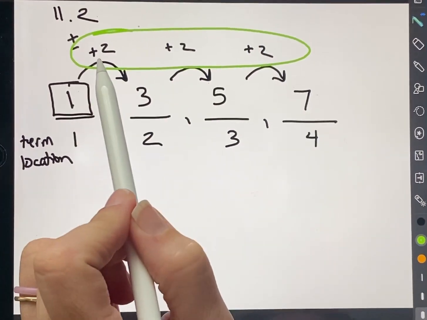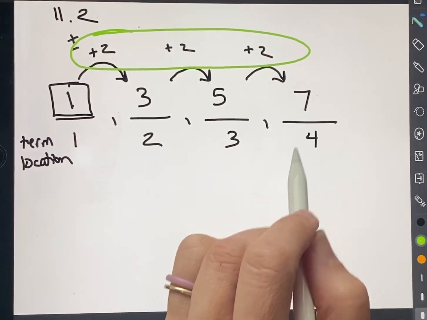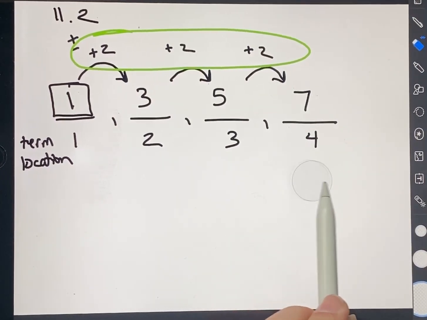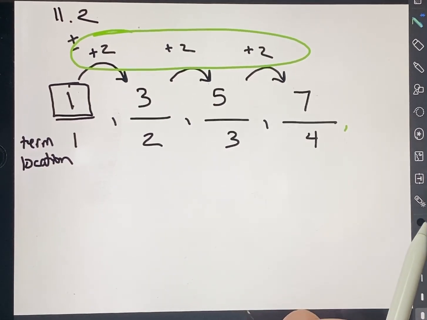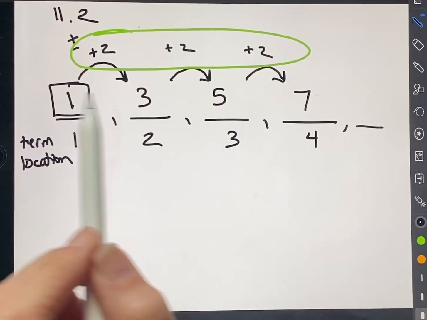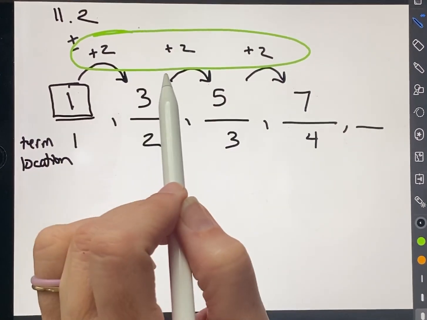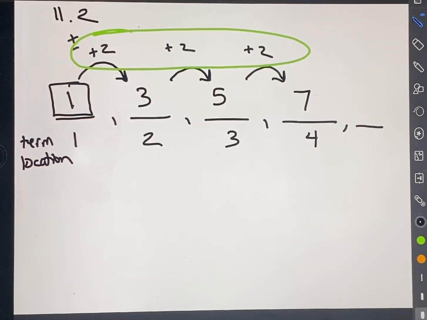So to get to 7, I made 3 jumps. I went 2, 4, 6. So to get to 7, I have 1 plus 6. Well, that works out. And what we find out is that's really what is happening. To find any term along our sequence, we can start at any other term, really, and just add however many jumps that we made.